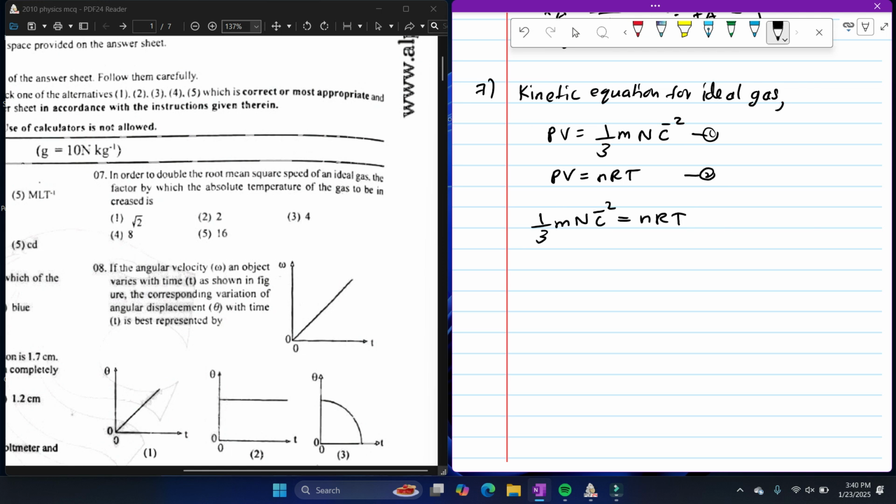And here you can see there is a relationship as C bar squared is directly proportional to T. Therefore, let's consider this C bar as the velocity represented as V. And we know this common equation that V is directly proportional to root T. This of course is a very famous relationship. This T is not just the temperature, but we call this absolute temperature. So velocity of gas is directly proportional to the square root of absolute temperature.